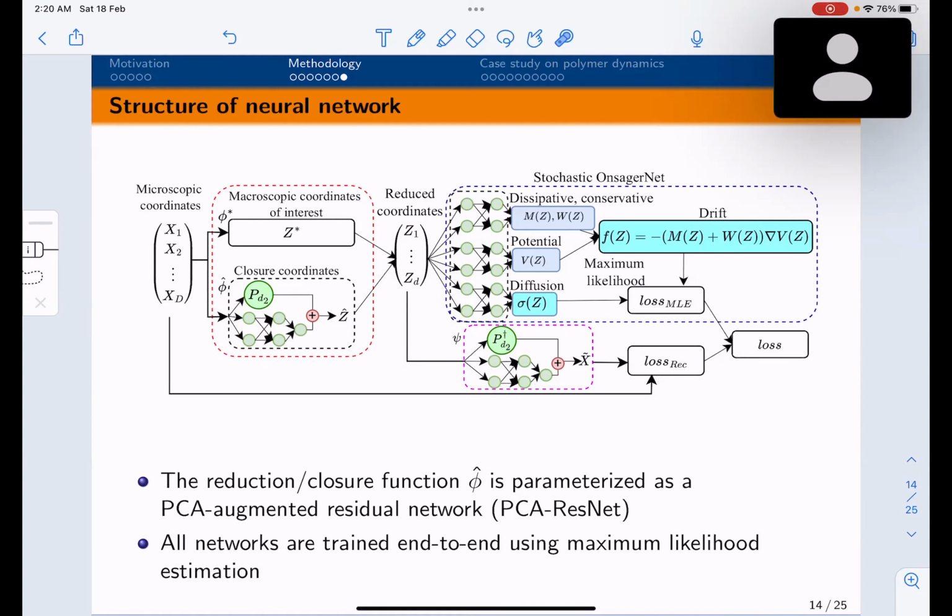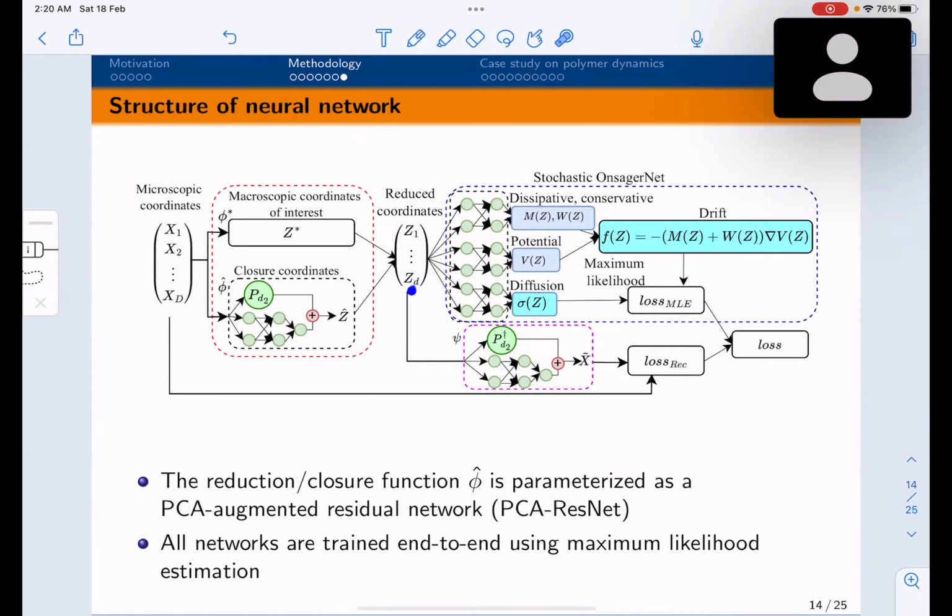For M, W and V, I didn't write the details, but you can see the neural network here. We have a neural network to approximate M and W, because M is symmetric and W is anti-symmetric, and also a neural network for the potential V. Then we combine M, W and V together to get the drift term. And the third neural network approximates sigma, the diffusion term. Then we can use maximum likelihood to get this loss function.